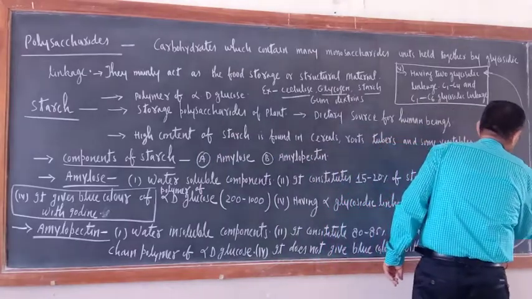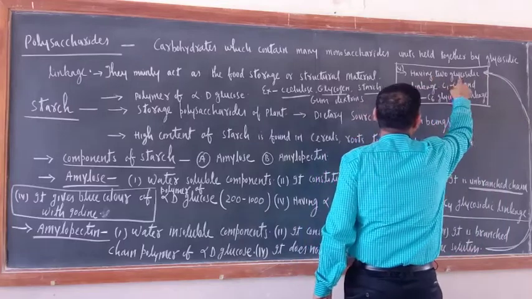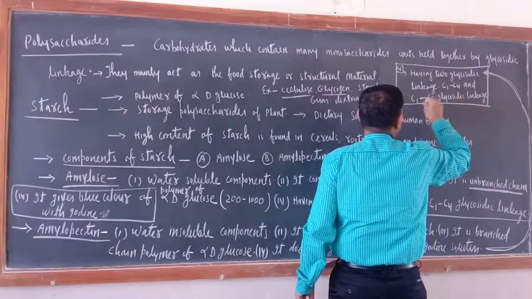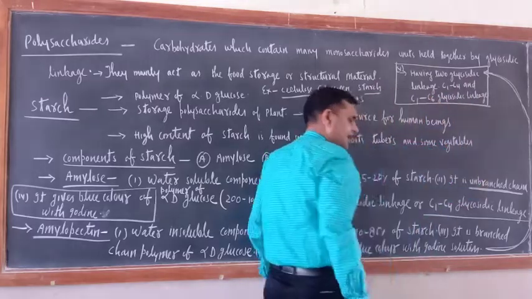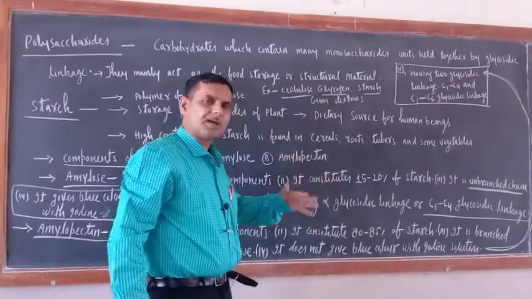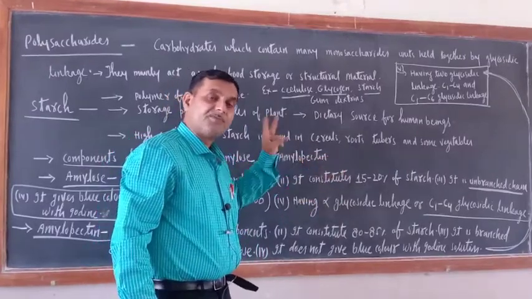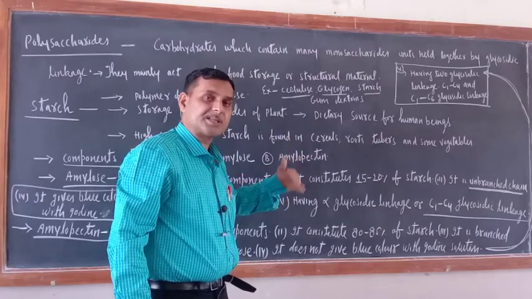Now the last point I wrote this side, this is very important. Having two glycosidic linkages, one is C1 C4 and another one is C1 C6 glycosidic linkage. So C1 C4 is just like amylose only, but when I make it, then you will come to know C1 C6 branching is also there.